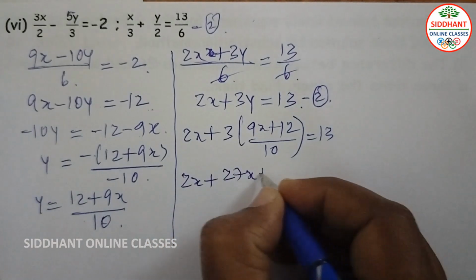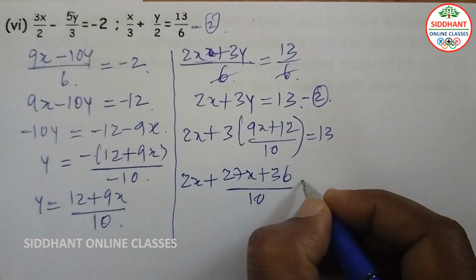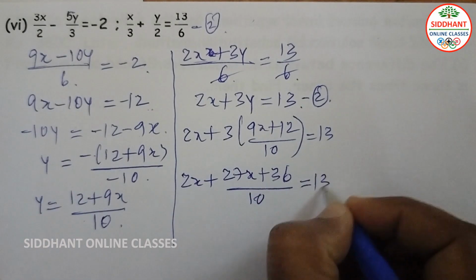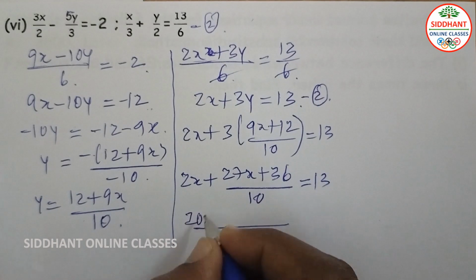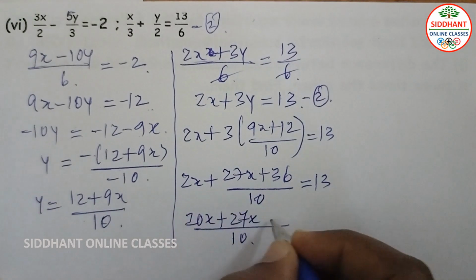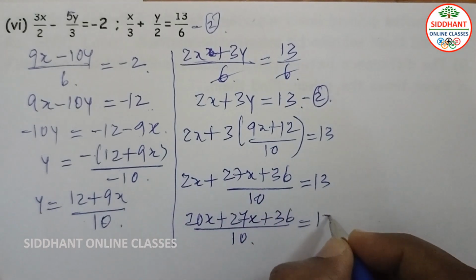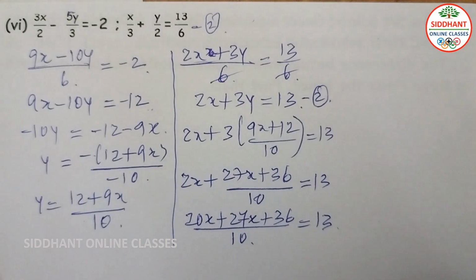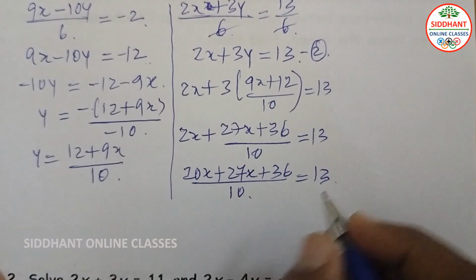So now 2x plus 27x plus 36 by 10 equal to 13. Taking LCM, which will be 10. Now here 20x plus 27x plus 36 equal to 13 into 10, 130.